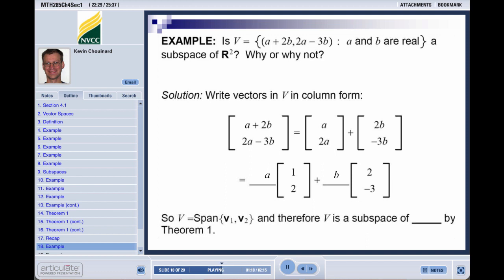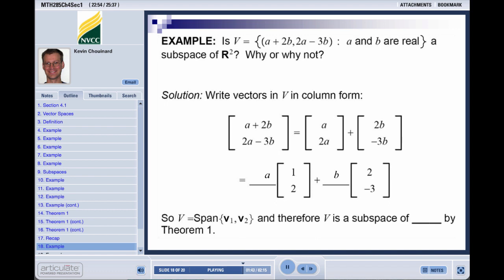But we're done now, because if we let V1 be the vector 1, 2, and we let V2 be the vector 2, negative 3, then what we're saying is that this collection V is the span over those two vectors, V sub 1 and V sub 2. Let me say that one more time.